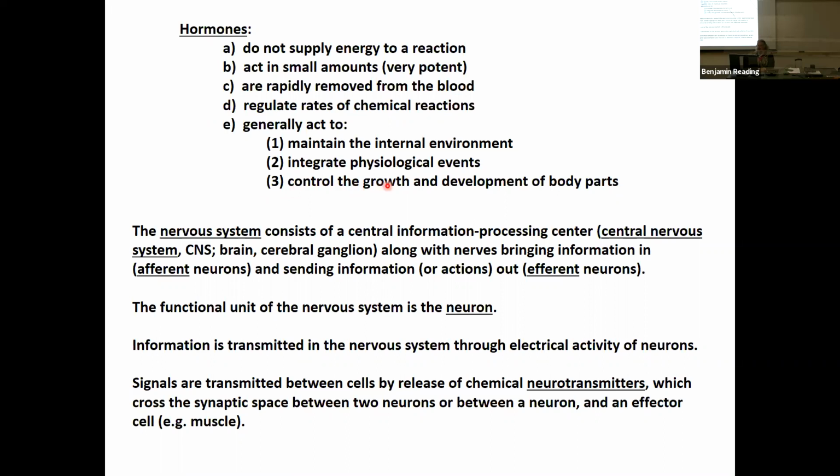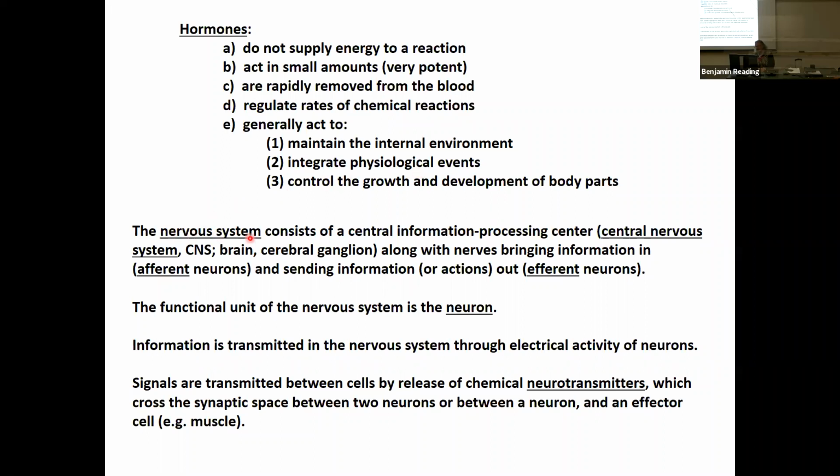And they can control growth and development of body parts. For instance, growth of body tissues like muscle, but also sexual maturation, production of gametes, reproduction, spawning behavior, things like this. And so they coordinate a lot of these activities. And because they act globally on many different tissues, they're a perfect delivery system for this control.